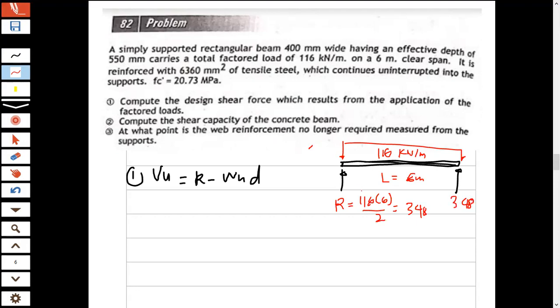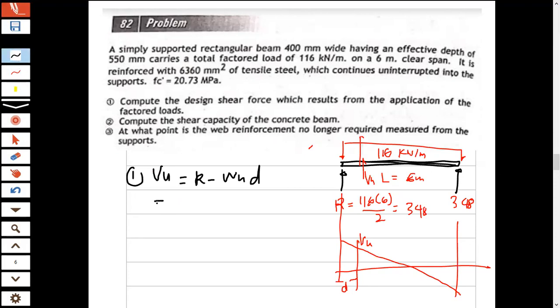Ang hinahanap natin na shear force, pag i-draw natin yung shear diagram nito, obviously, ganito. We're looking for our shear force at d distance, okay? This is d distance from the face of the support. This is VU.